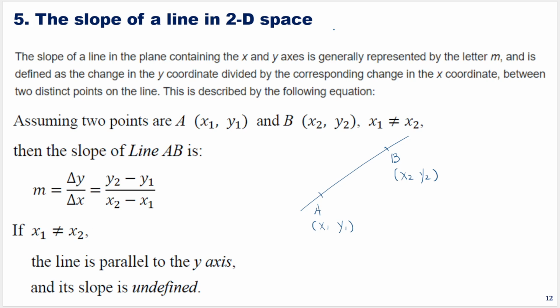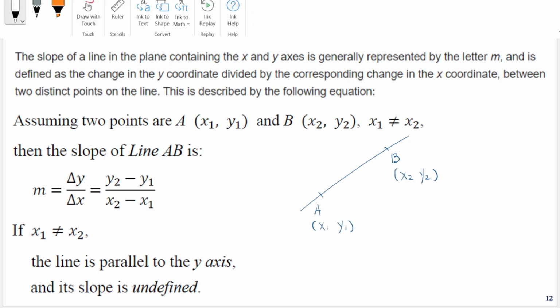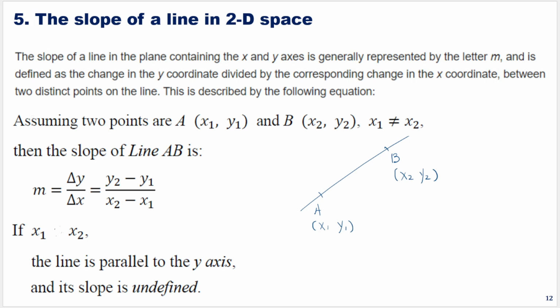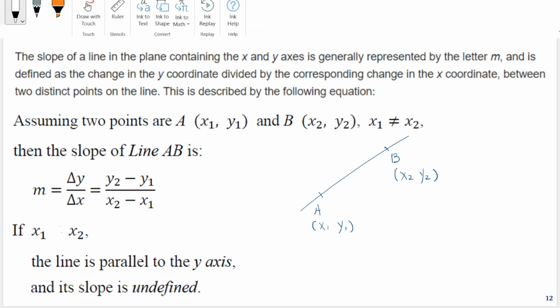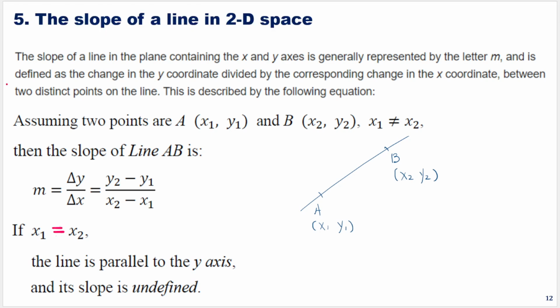That is by definition. Which means the change in the y direction per unit of the change in the x direction, where x1 does not equal x2. And okay, sorry, there is a typo here. Well, actually, if x1 equals x2, in that case, line AB must be perpendicular to the x-axis, right?